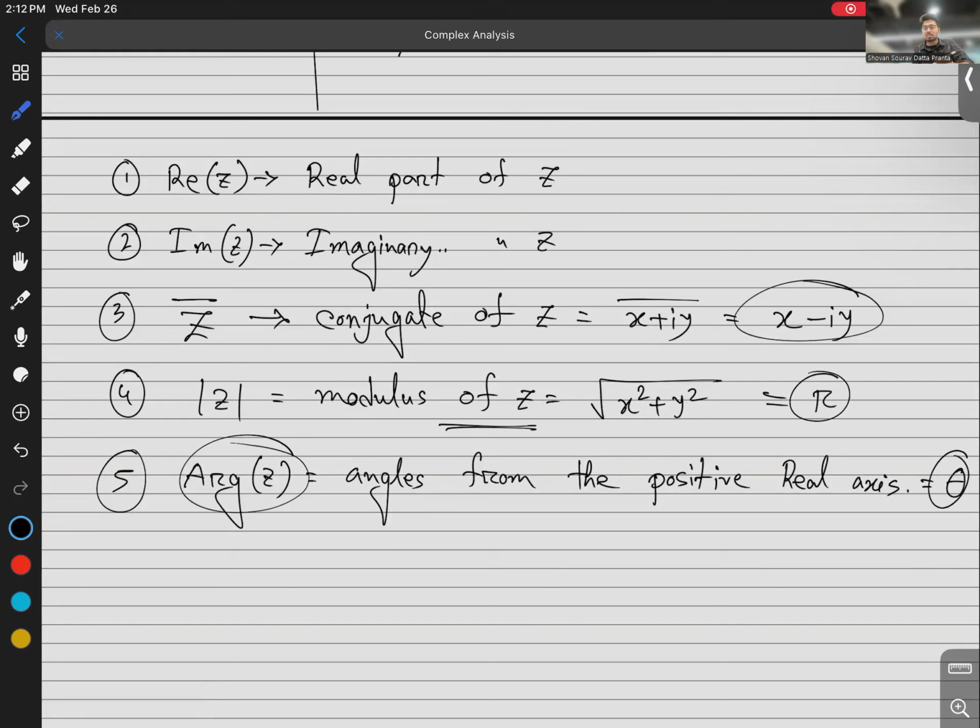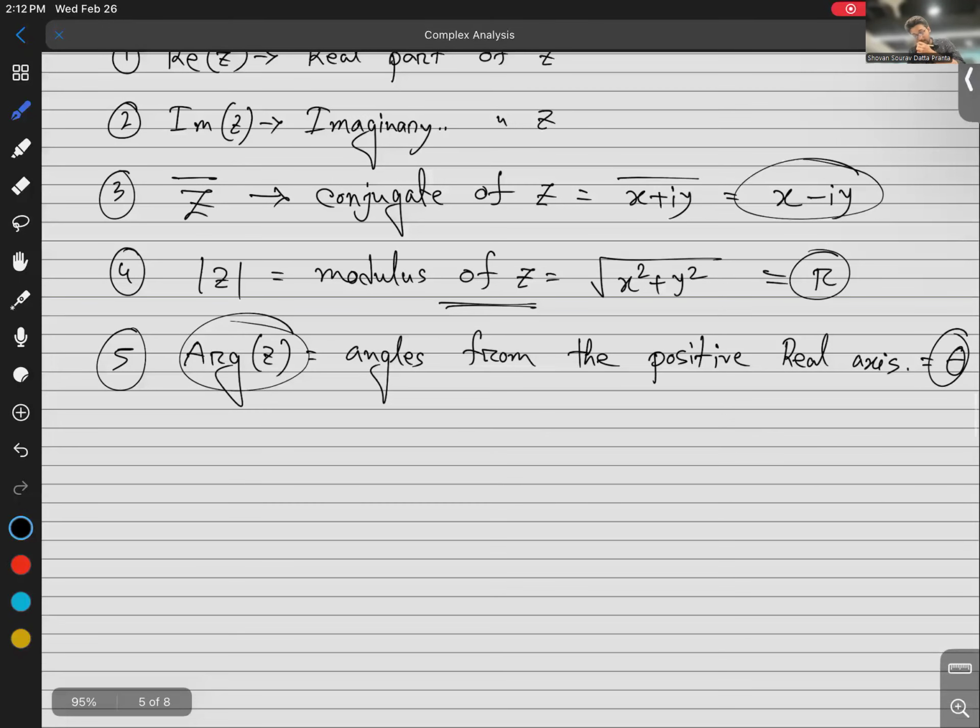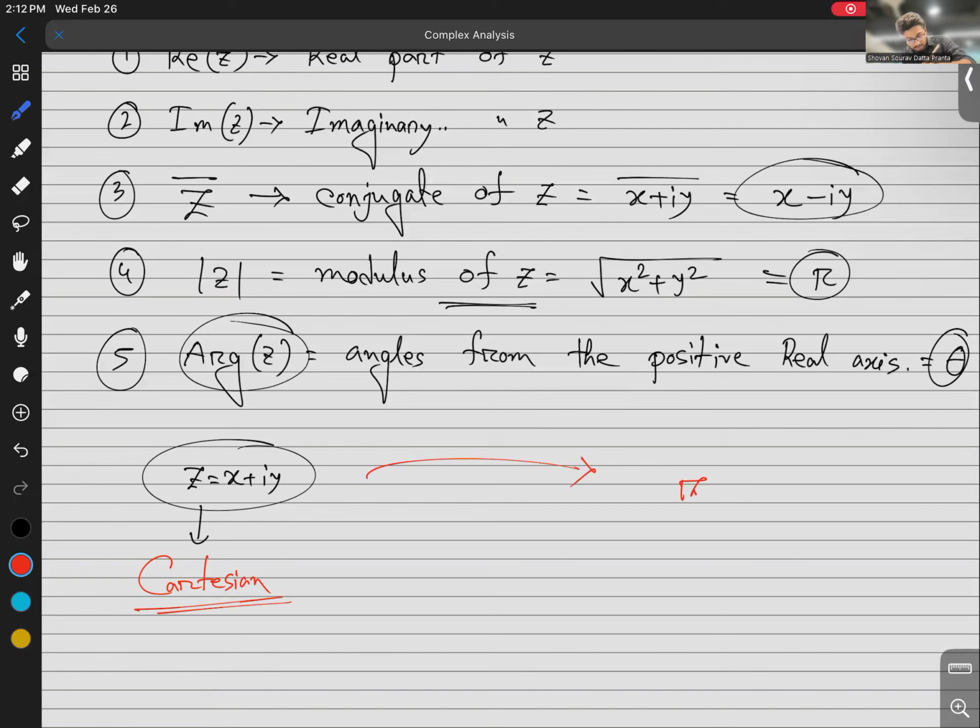So we can represent the complex number system in the Cartesian coordinate system, and in the polar coordinate system actually, because z equals x plus iy. So this is in the Cartesian coordinate system, and if we move a bit further with r and theta, then this is the representation in the polar coordinate system.